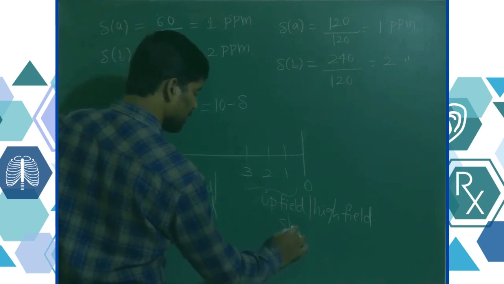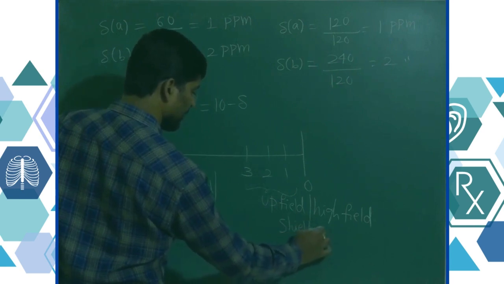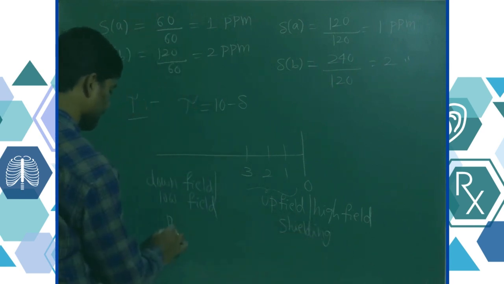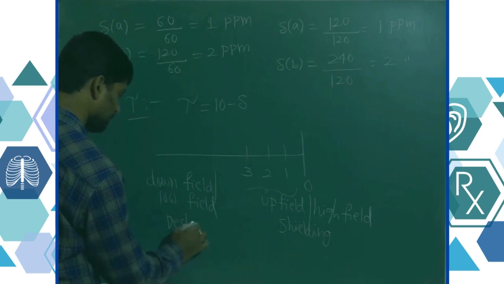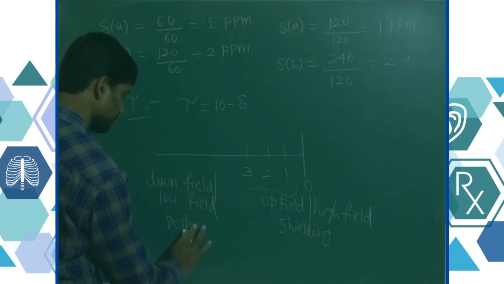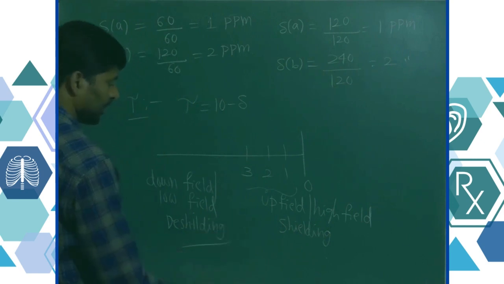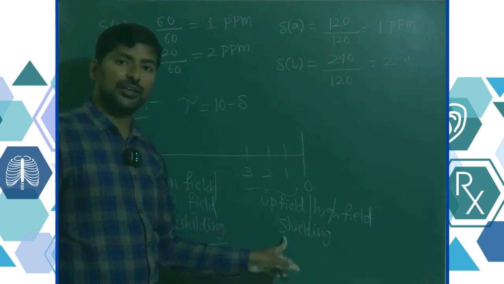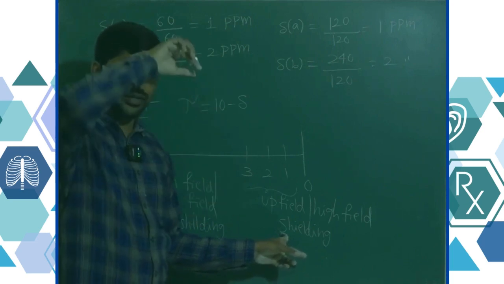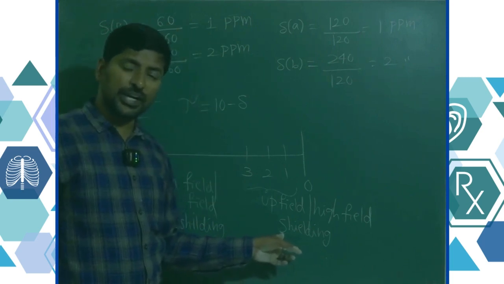Upfield we generally get whenever the shielding effect is there, and downfield we generally get whenever there is deshielding. If the electron cloud is high, what happens? It produces a secondary magnetic field which opposes the applied magnetic field.